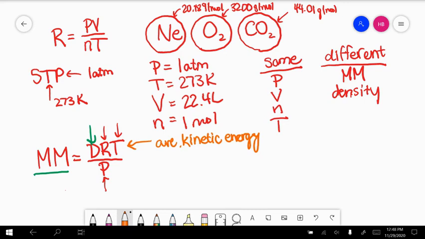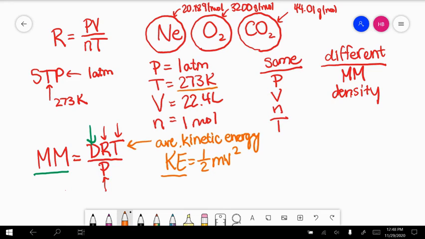So for those of you who have gone through physics already, or probably from middle school, you'll remember that the kinetic energy is equal to 1/2 mv squared. We know that the temperature in this particular example is the same. Therefore, the kinetic energy is the same for all the different individual gases that I have. Well, the mass is not the same because each has a different molar mass.